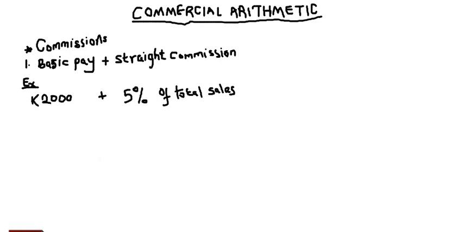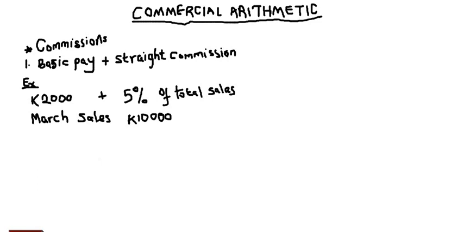All right, so if we want to find the salary, we can for example say the total sales for March were 10,000. If the total sales for March were 10,000, what would be the total salary?